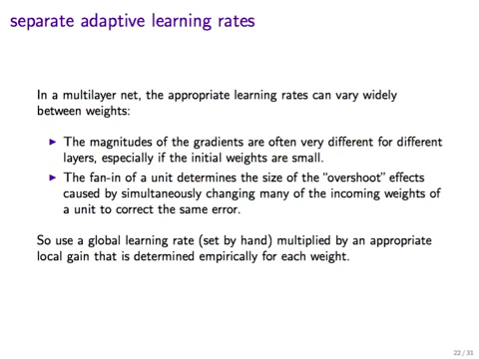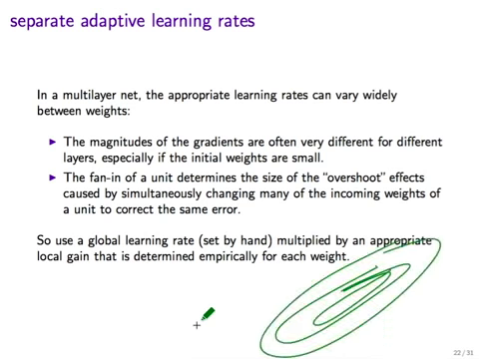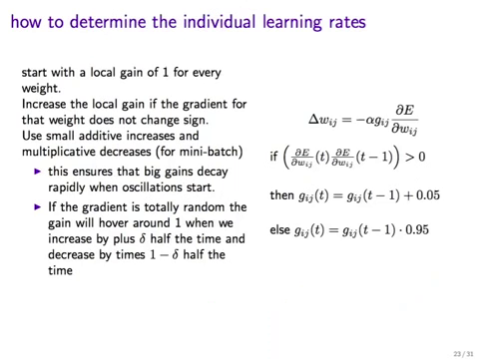To deal with that, you may want to have different learning rates for each weight. After all, your error surface typically is flat in one direction and steep in the other. Remember the Hessian, right? It usually has something like this shape, or even worse, where the search direction in one axis is much larger than the search direction in the other one. So rather than having a single global learning rate, we can introduce a learning rate for each weight separately and use some very simple rules to find those learning rates.